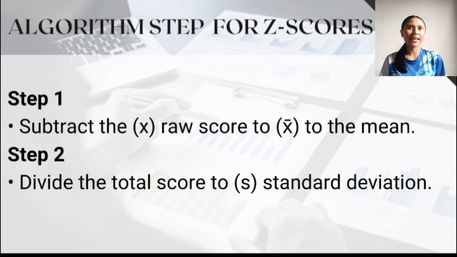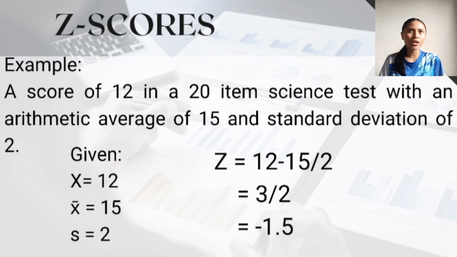So here we have an example. A score of 12 on a 20-item science test with an arithmetic average of 15 and a standard deviation of 2. The given here is our raw score is 12, our mean is 15, and our standard deviation is 2.